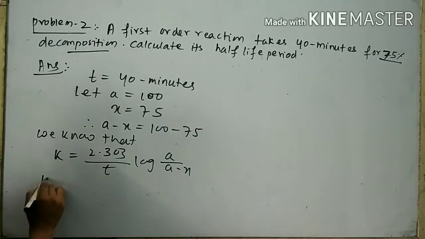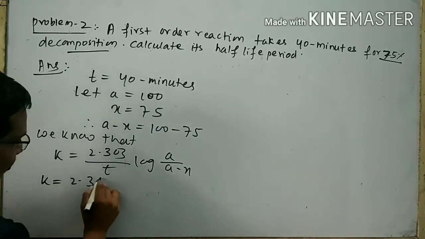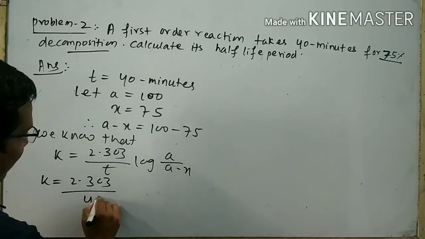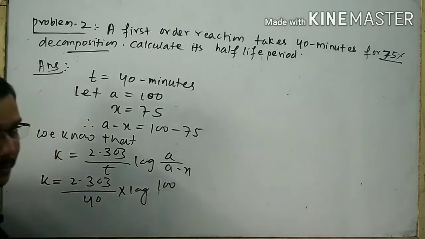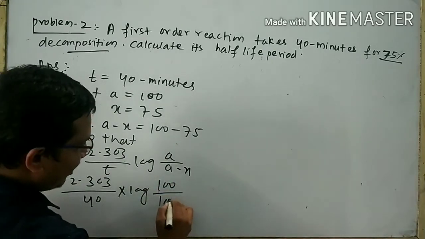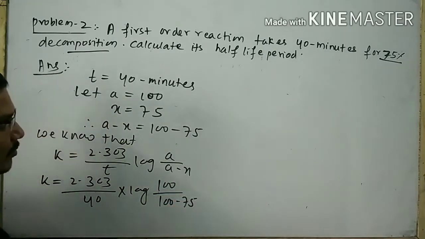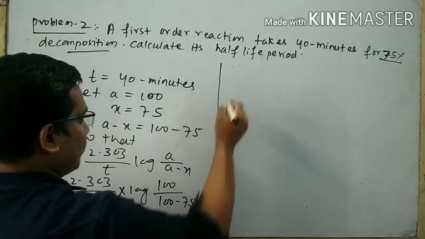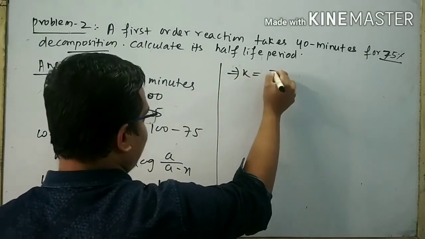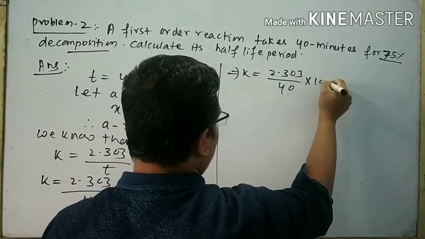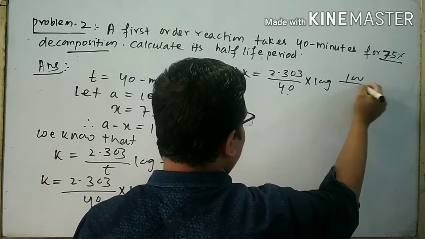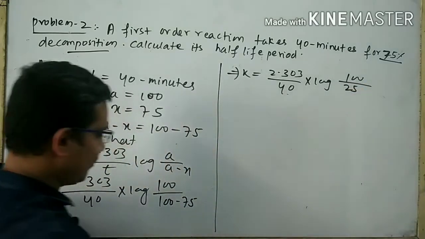Then we can write K equal to 2.303 divided by 40 into log of 100 by 100 minus 75. Now I can write K is equal to 2.303 divided by 40 log of 100 by 25.